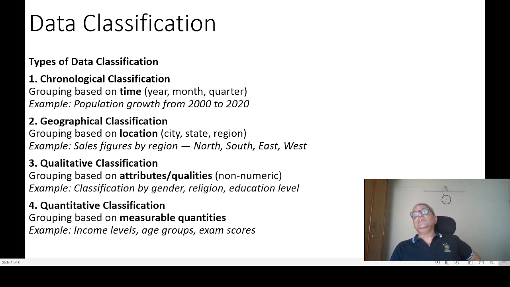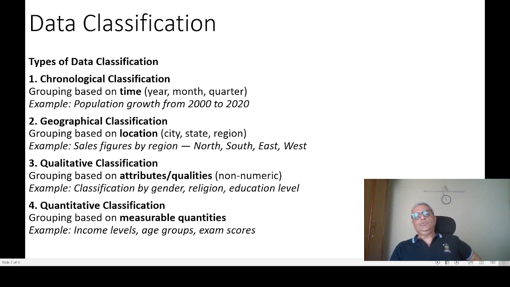Third is qualitative classification, based on certain attributes or qualities which are typically non-numeric, right? So gender is one example, religion, educational level, whether the individual is postgraduate, graduate, 10, 12, whatever.